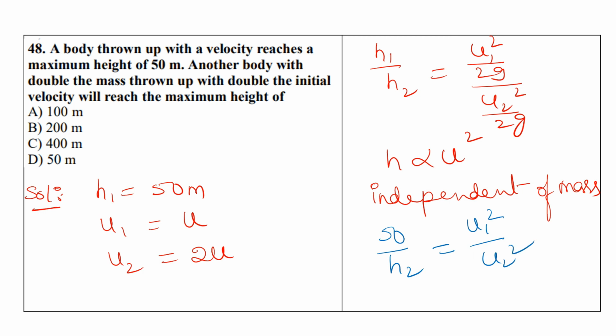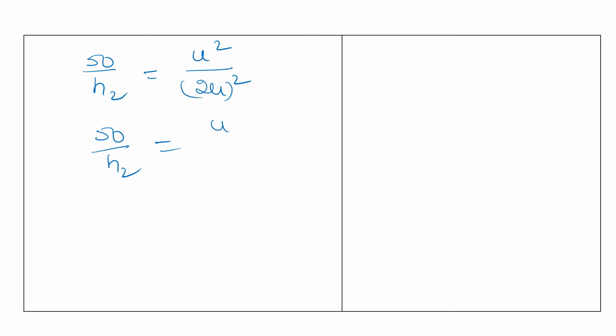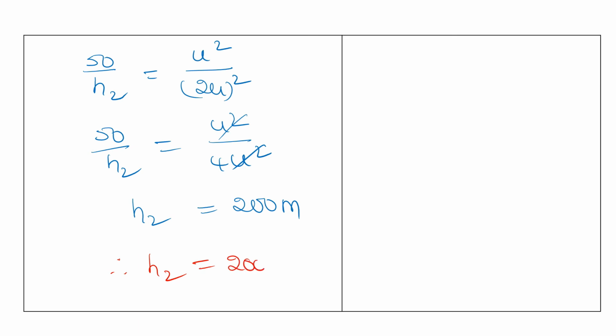So 50 by h2 is equal to, substituting u1 and u2 values in this, we get 50 by h2 is equal to u1 nothing but u and u2 nothing but 2u whole square. So 50 by h2 is equal to u square by 4u square. u square gets cancelled. h2 is equal to 50 into 4, 200 meters. So therefore h2 is equal to 200 meters. Next we will go to the next question.